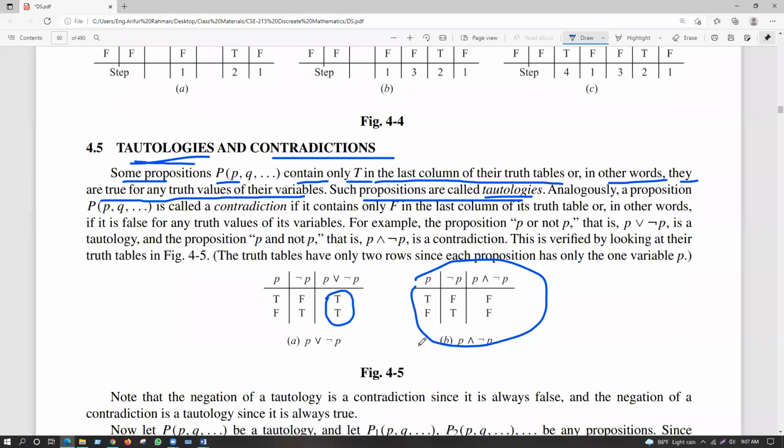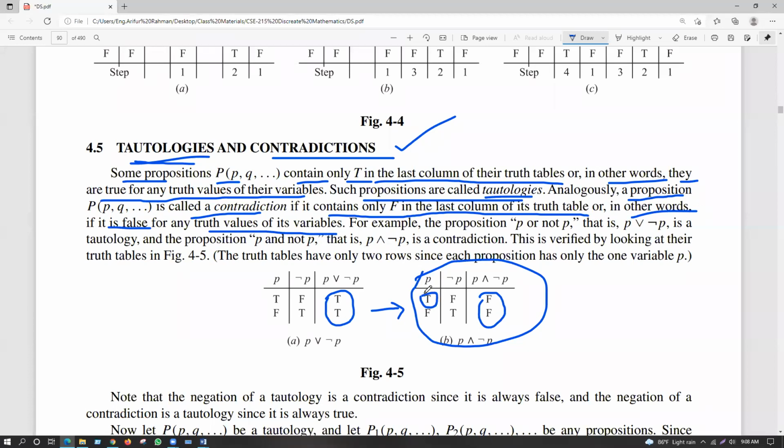So can you guess what a contradiction is? এটার বিপরীত false. Exactly, yes, exactly. Good. That's great. Contradiction is exactly the opposite thing, that has only the false value in the last column. So you can say any proposition which contains only false values in the last column of its truth table, or in other words, it is false for any truth values of its variables.